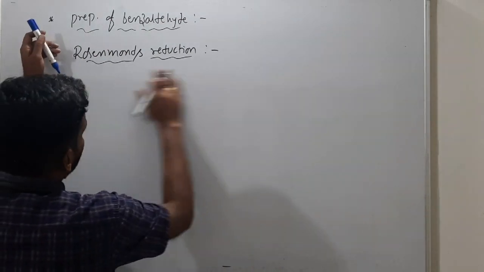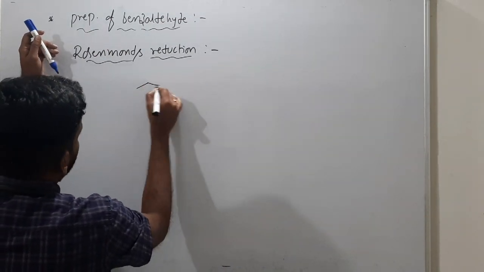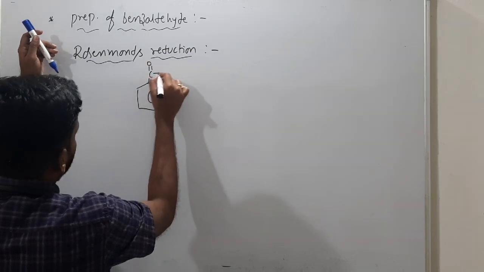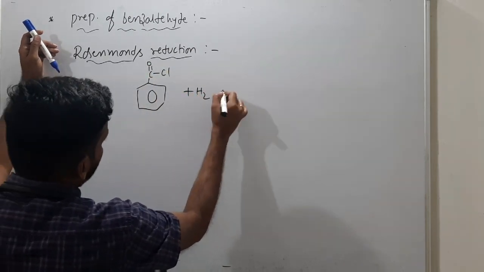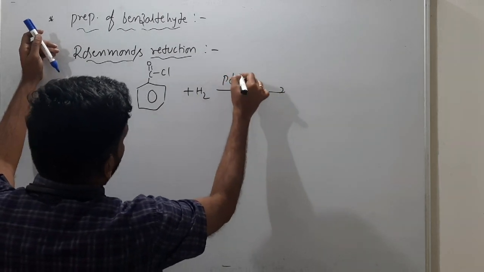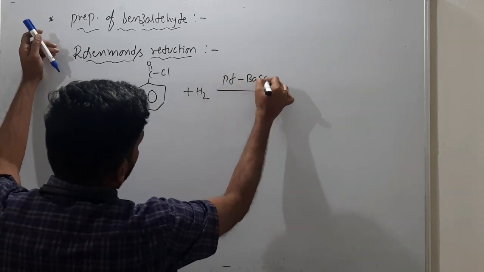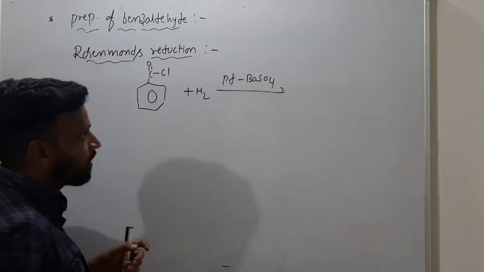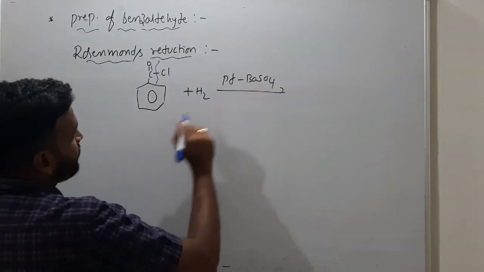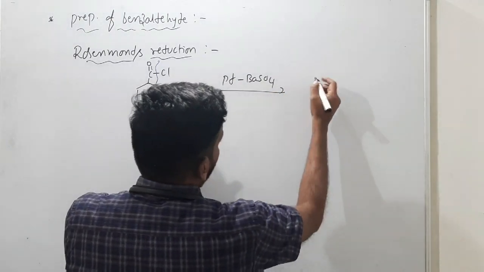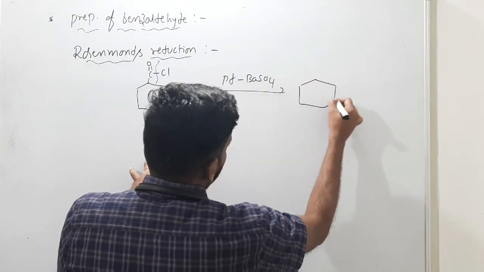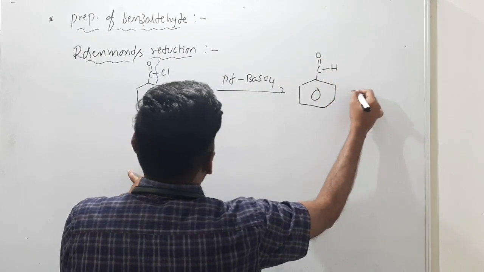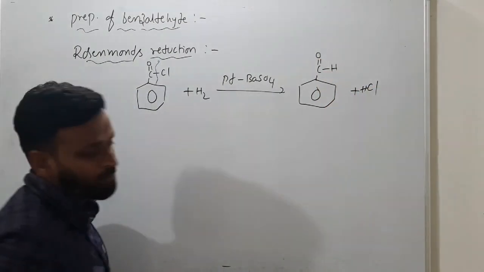What happens in Rosenmund reduction? C6H5COCl reacts with H2 in presence of palladium BaSO4. What is palladium BaSO4 called? Lindlar catalyst. Here the C-Cl bond will break, and you have C6H5CHO plus HCl.